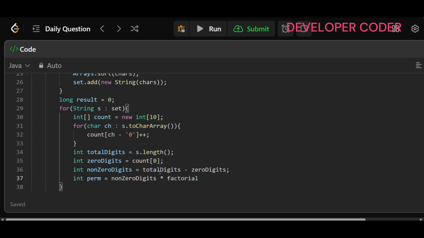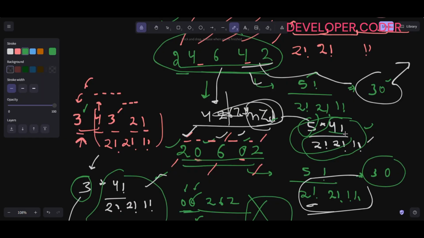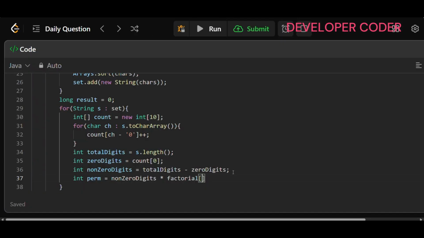Then after that you have to start from 4. Like in case of 5 digits you have to start from 4, first non-zero digits, then starting from 4. So that's total number of digits minus 1. I can say factorial of total digits minus 1. This is going to calculate the permutation.